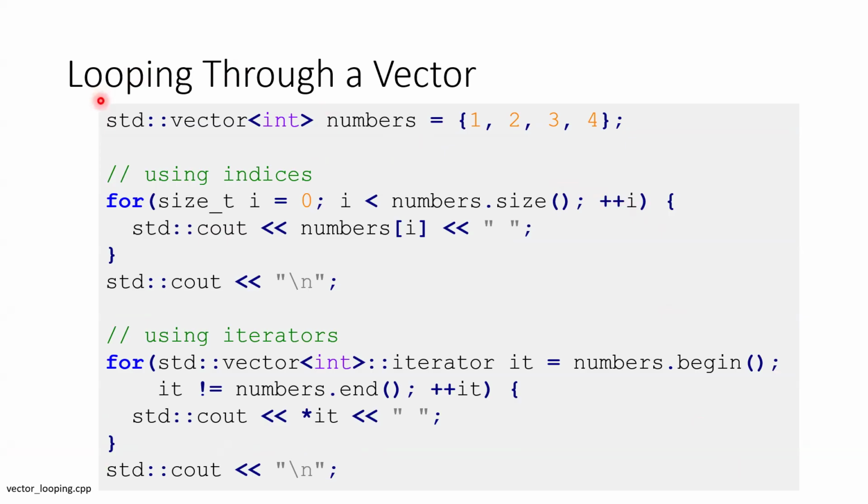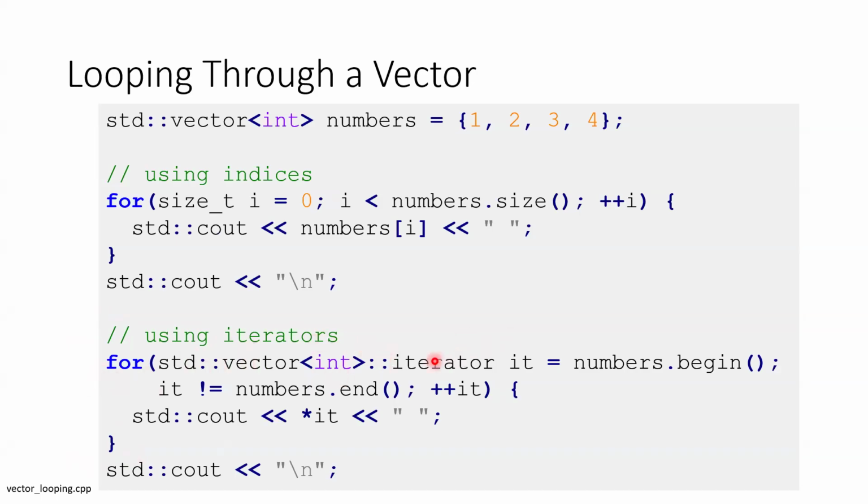Therefore, if we're looping through a vector, we have two options. The first option is using indices. We go from index 0 to index numbers.size minus 1, and use the square brackets to access each element. And the second option is to use iterators.